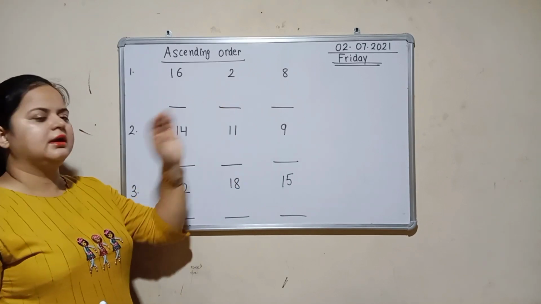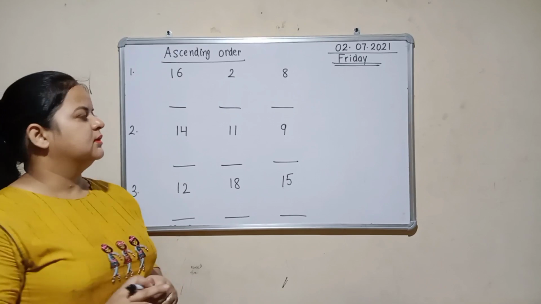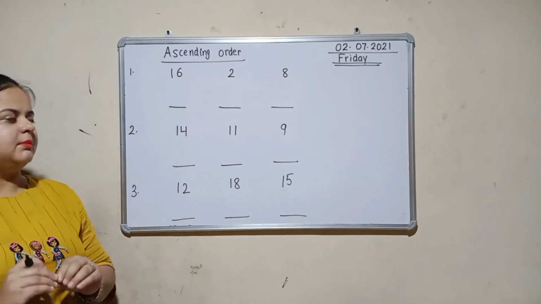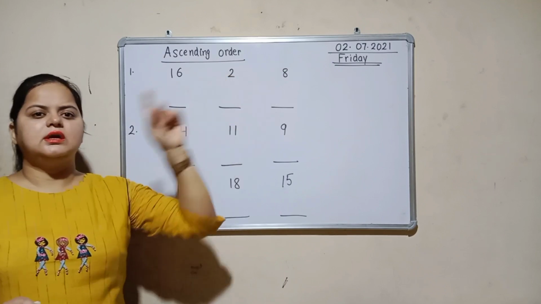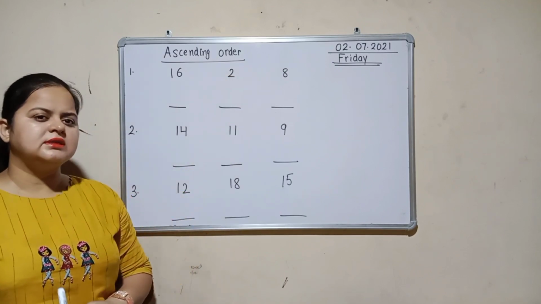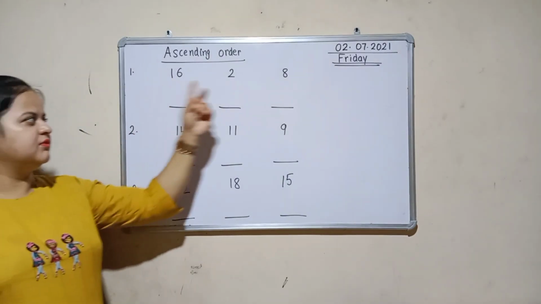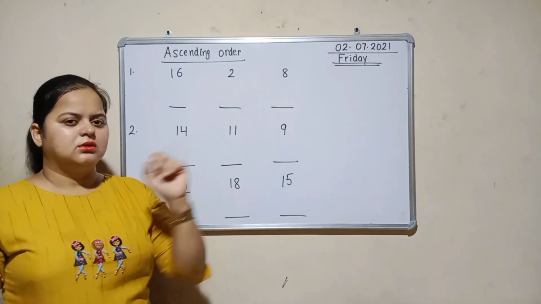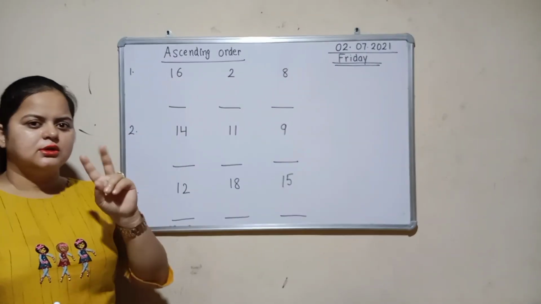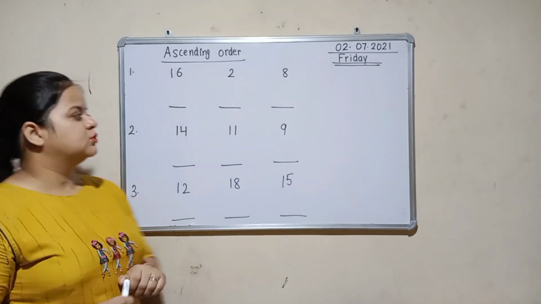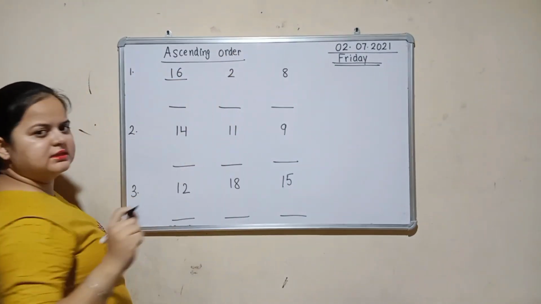Middle number here. And always remember that a number which is only one digit is always smaller than a two digit number. So here we have two numbers with only one digit, and this one is a two digit number. So a two digit number is always greater than a one digit number.